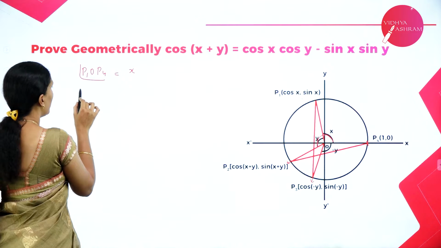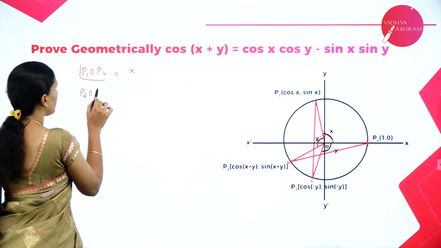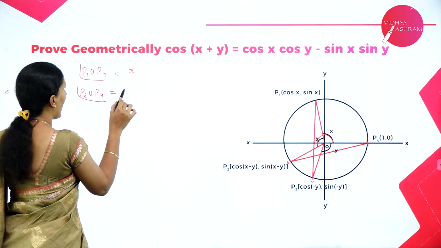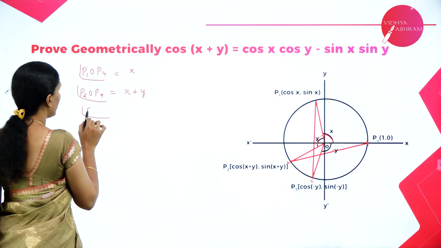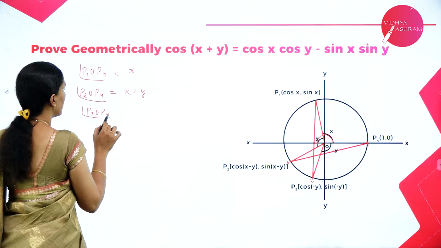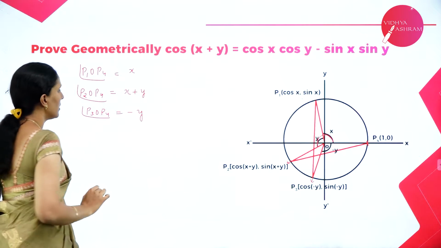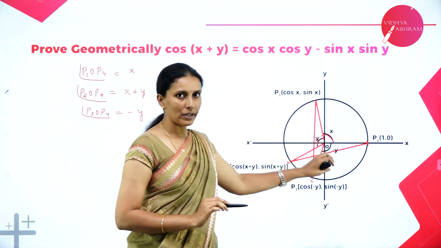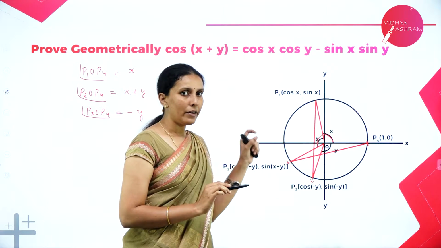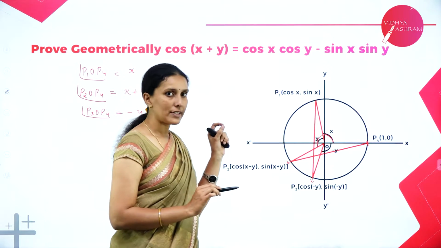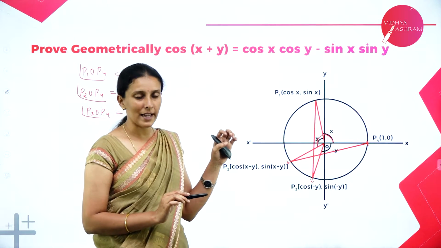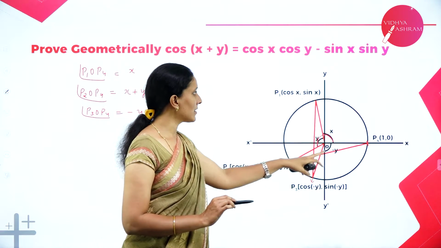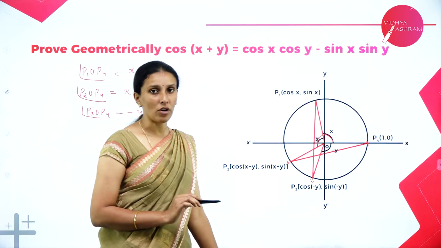Next we have P2OP4 is your angle x plus y, and P3OP4 is your angle minus y. So based on the measurement of angle, we know that whenever an angle inside a sector is x radians, then I can write the coordinates in terms of cos x comma sin x. So that is why all the angles here are mentioned in terms of cos and sin.